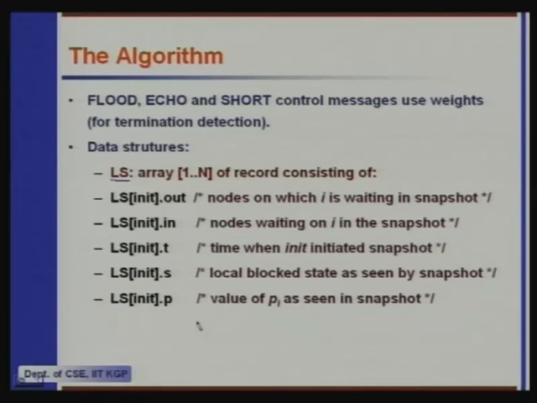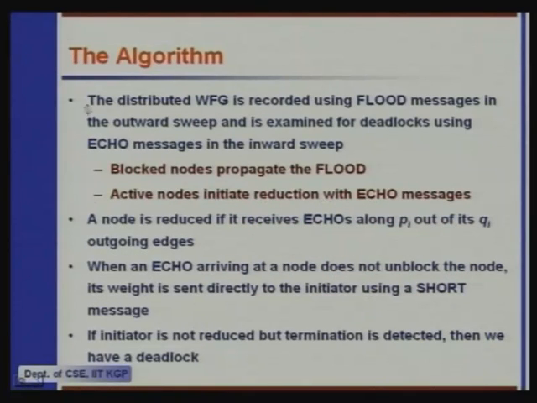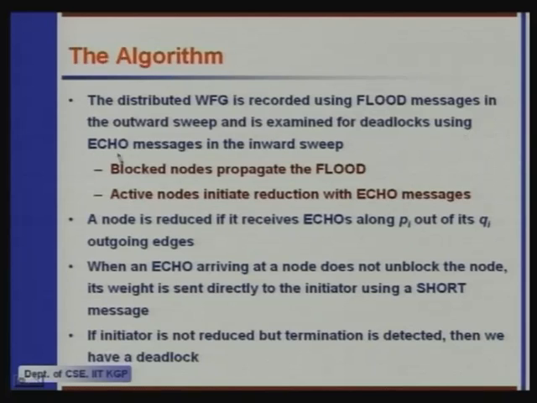So, let us see how this global snapshot detection algorithm takes place. The distributed WFG, wait for graph, is recorded using flood messages in the outward sweep. So, we will use flood messages to propagate the snapshot collection, and it is examined for deadlocks using echo messages in the inward sweep. So, what will happen is, let me explain how this is going to happen.